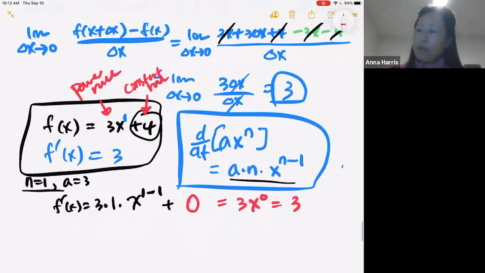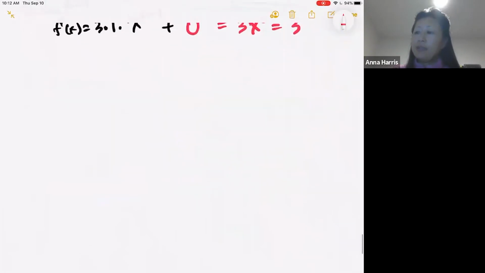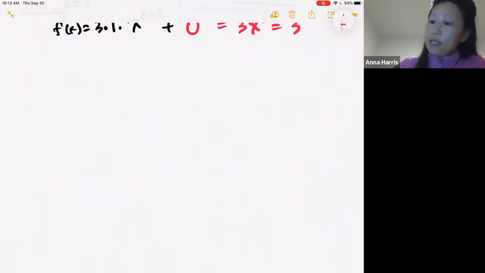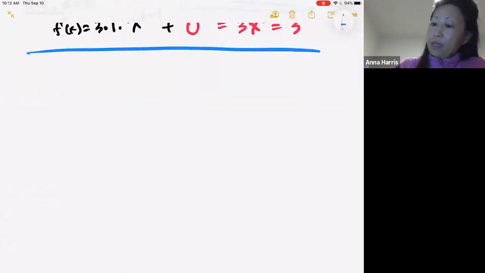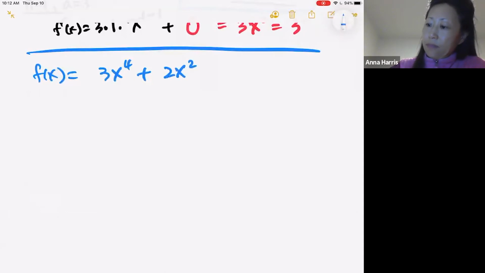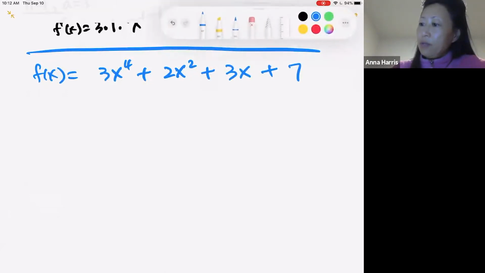Let's look at another example. So if I give you this, this time I'm not going to use the limit process. I'm just going to use the power rule, okay? So let's look at another one. If I give you a problem like that, I want to change this into a different number.